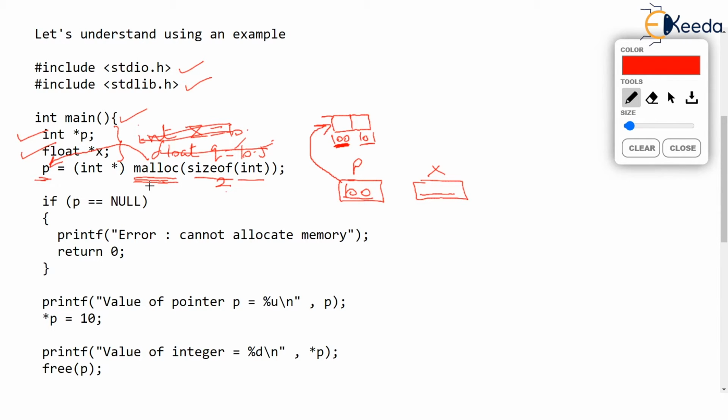So what is this bracket int pointer written here? I said in the grammar that malloc is such a function which will sincerely allocate the memory. It has done its work. It has allocated these 2 bytes. But it has to return the address, that is 100, and store it in P. But the address returned by malloc is always a void pointer.